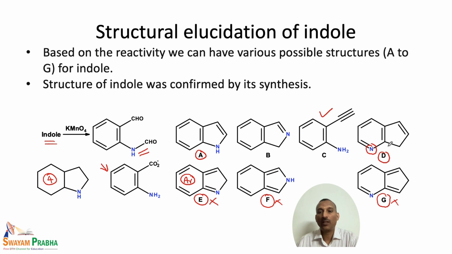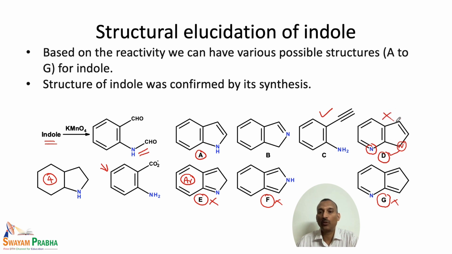So there is a possibility that this compound can have structure D also. But if we look at the oxidation product, this compound cannot give the required oxidized product. So that means the nitrogen is not present in the 6-membered ring; it should be present only in the 5-membered ring. In other words, we cannot have structure D for indole.